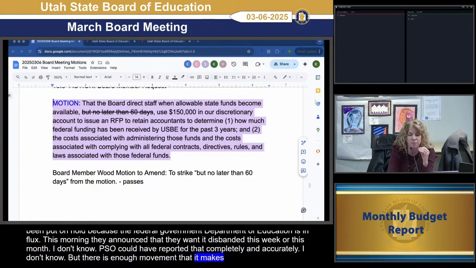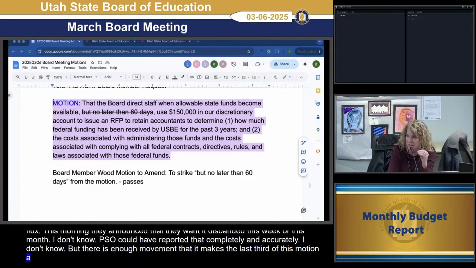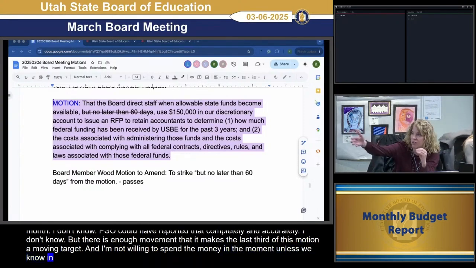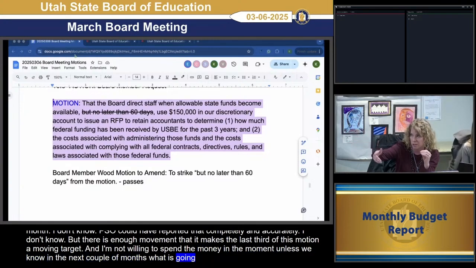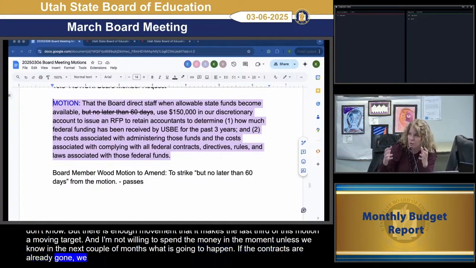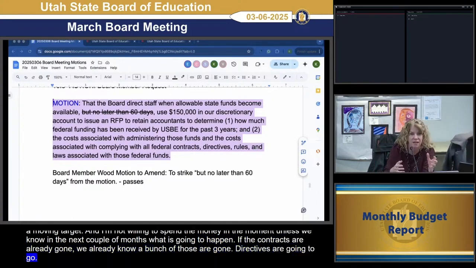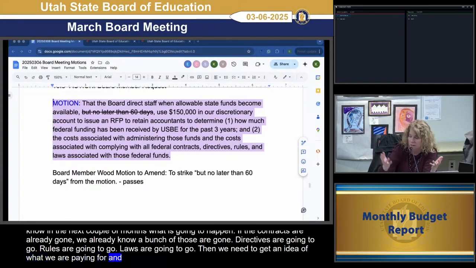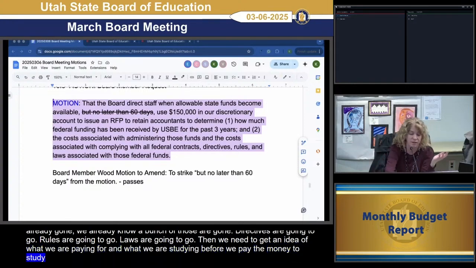And I am not willing to spend the money in the moment unless we know in the next couple of months what is going to happen. If the contracts are already gone, we already know a bunch of those are gone, directives are going to go, rules are going to go, laws are going to go, then we need to get an idea of what we're paying for and what we're studying before we pay the money to study a moving target. It's all changed in the last month, in my opinion. Twelve hours, even more, yeah.